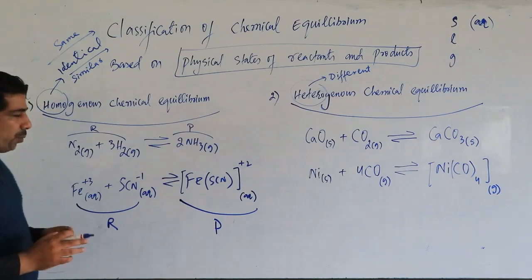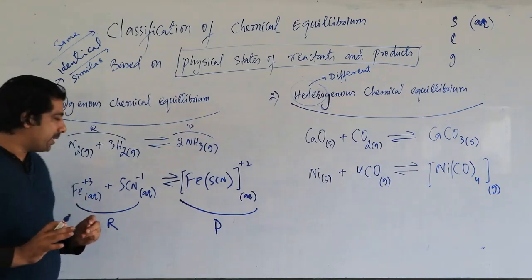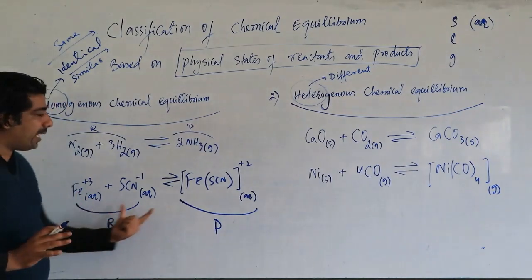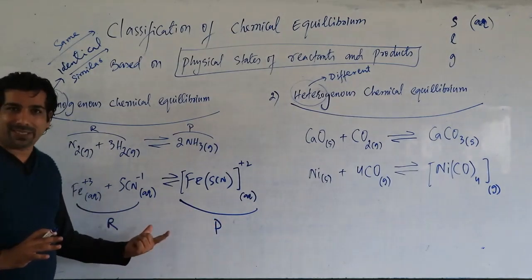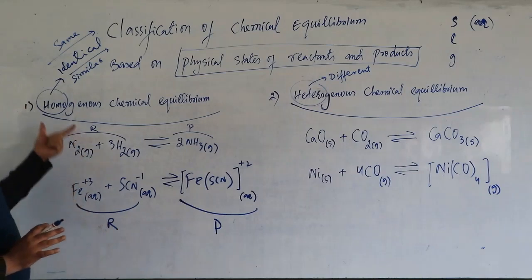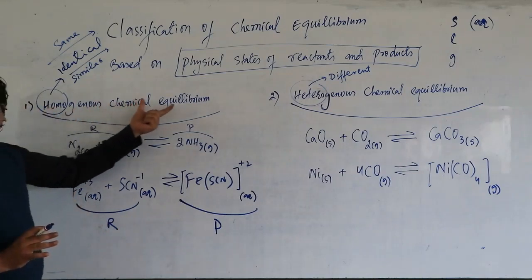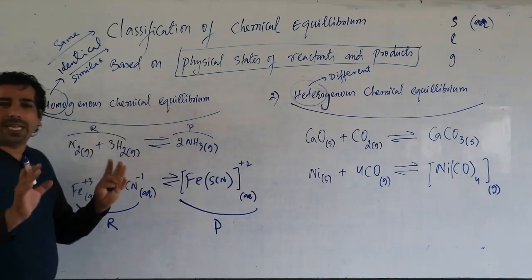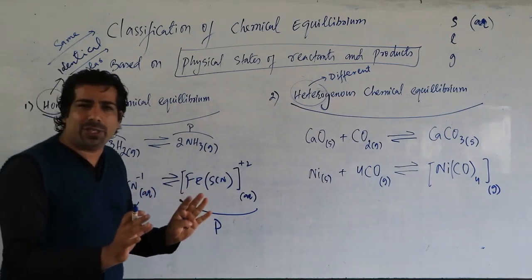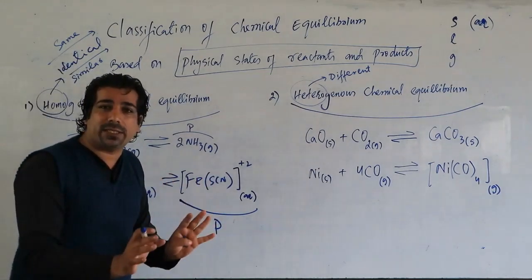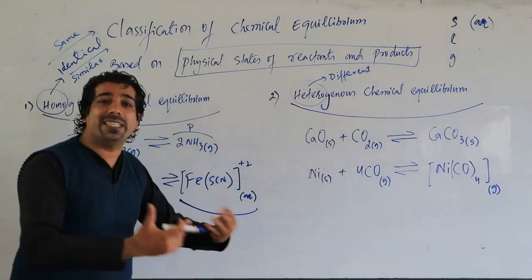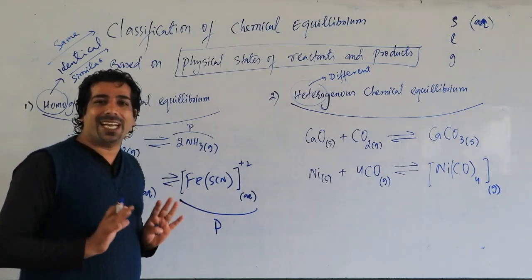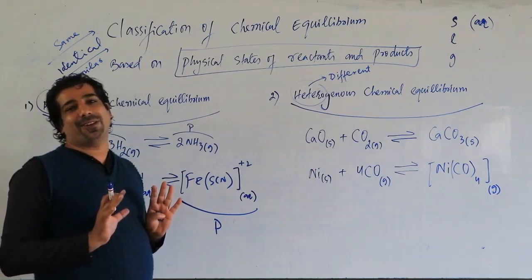So what is my point? When your reactants and products are in the same state, we call it homogeneous chemical equilibrium. So when a chemical equilibrium is established between reactants and products present in the same physical state, it is said to be homogeneous chemical equilibrium, my dear friends.